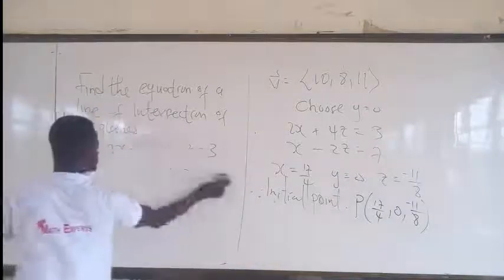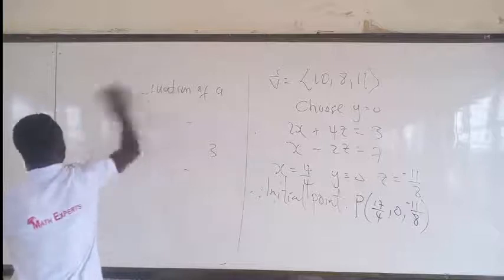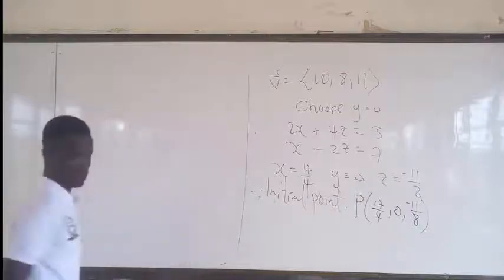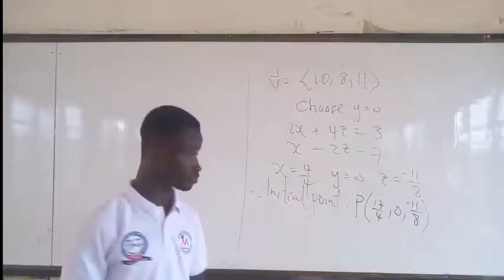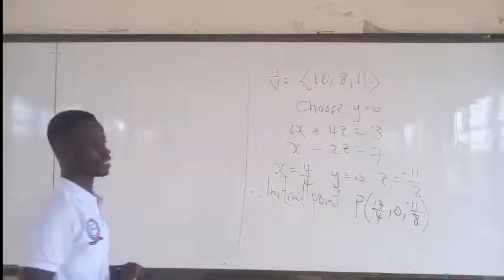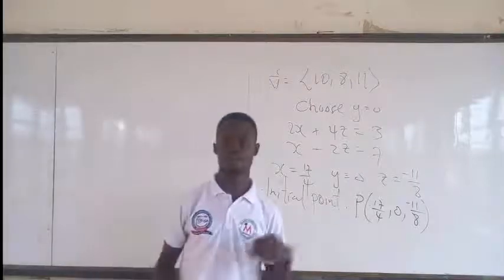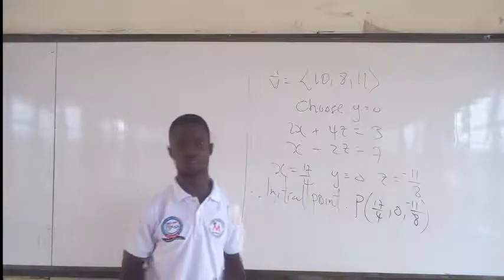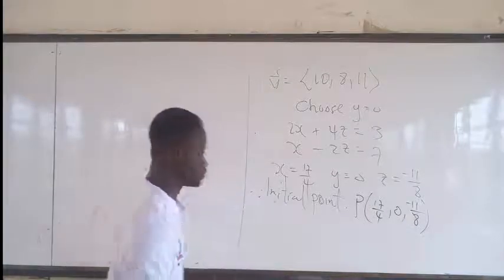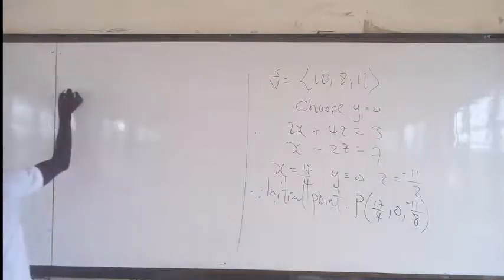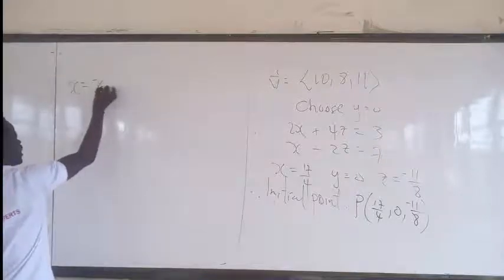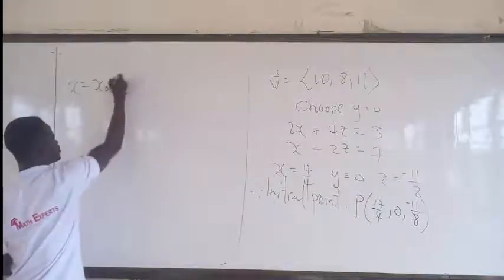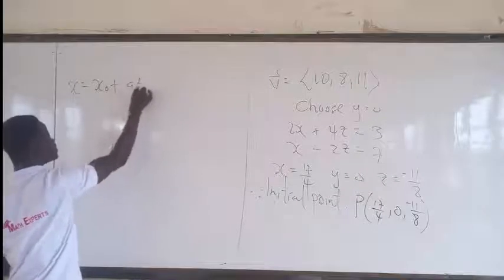So now, to get the equation of the line, whether you want it in the parametric form or whatever form, it depends on you. So, we know it's going to be x is equal to x naught plus at.